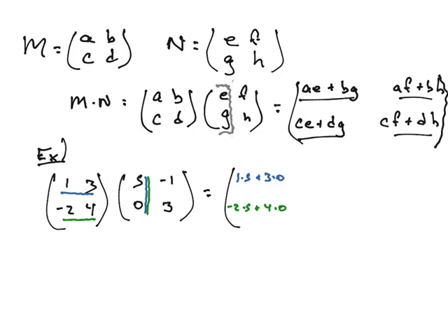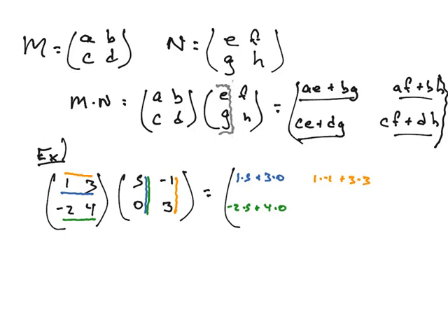Now, we're done with the left column, so we don't need this left column anymore. Now we're going to go to the right column of our secondary matrix, our N matrix over there. Well, we start back at the top, so we go back to the top row, and we're now going to do the right side column. Okay, so now we go to the next column of our answer. We have 1 times negative 1 plus 3 times 3.